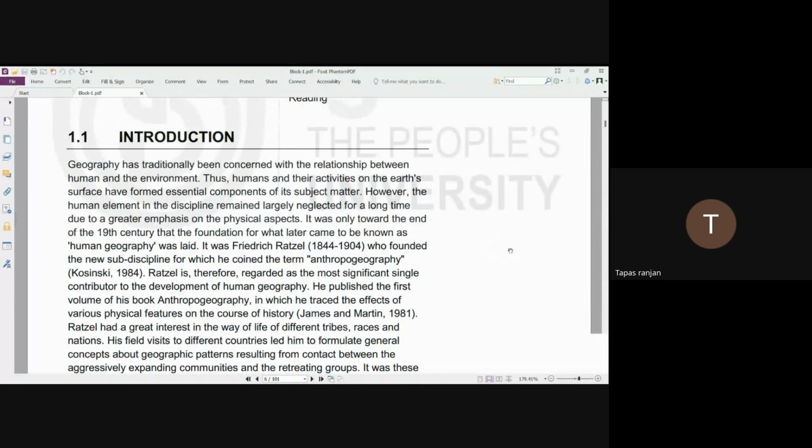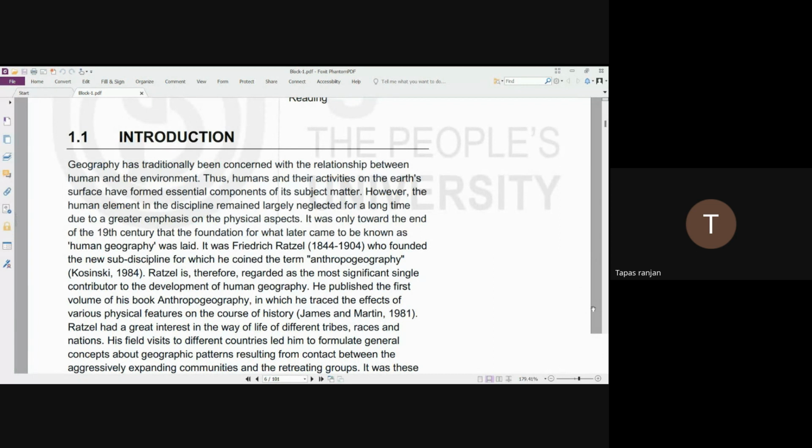If you have studied geographical thought, you have studied different contributors to the field of geography. The initial contributors were not from a geography background. They were from other backgrounds. Few were geologists, few were botanists, and a few were environmentalists. All those research scholars contributed to the field of geography.